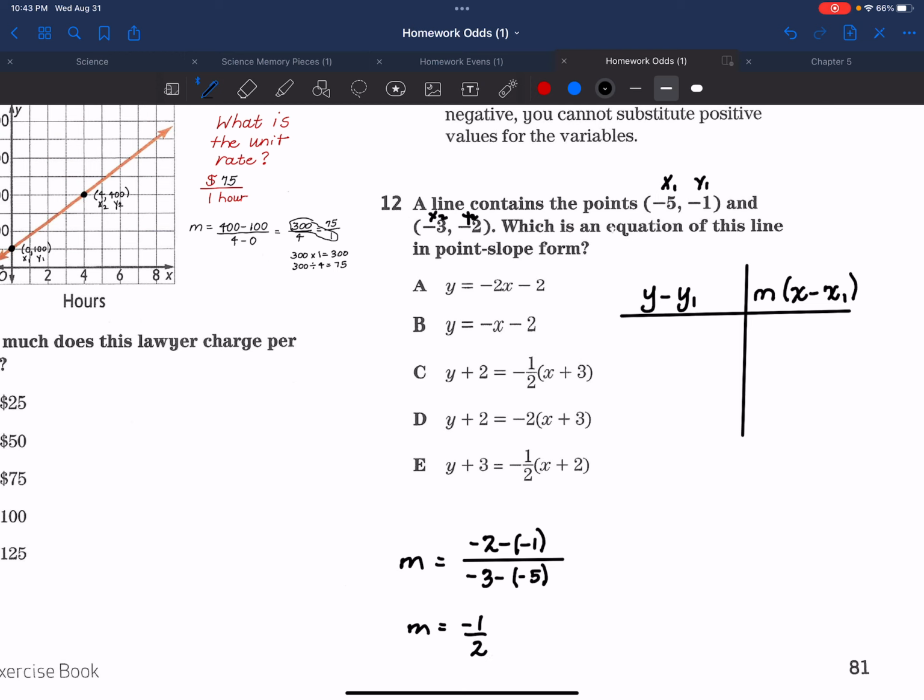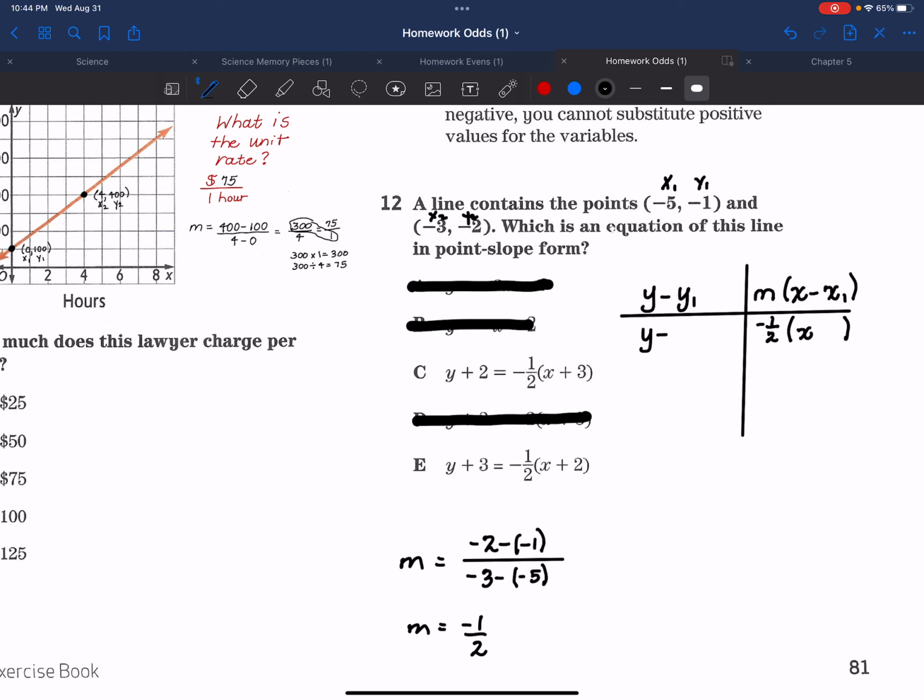Slope is negative 1/2. And y minus something. Okay, so they have chosen, or let's do some elimination here. Slope is negative 1/2. So let's eliminate A, B, D. And then we're left with negative 1/2. It could be either C or E.